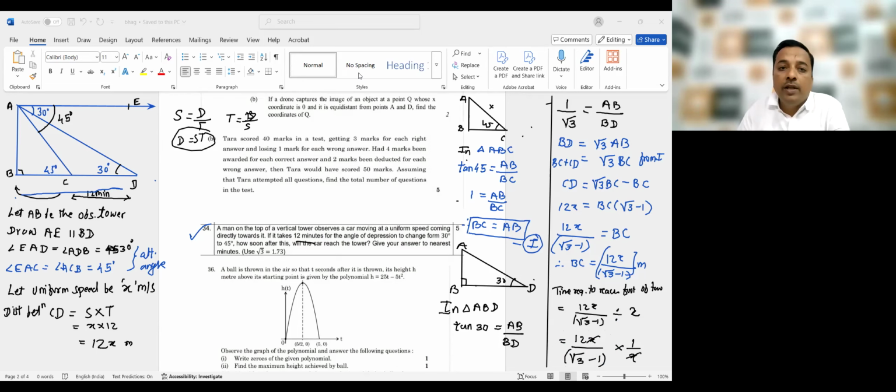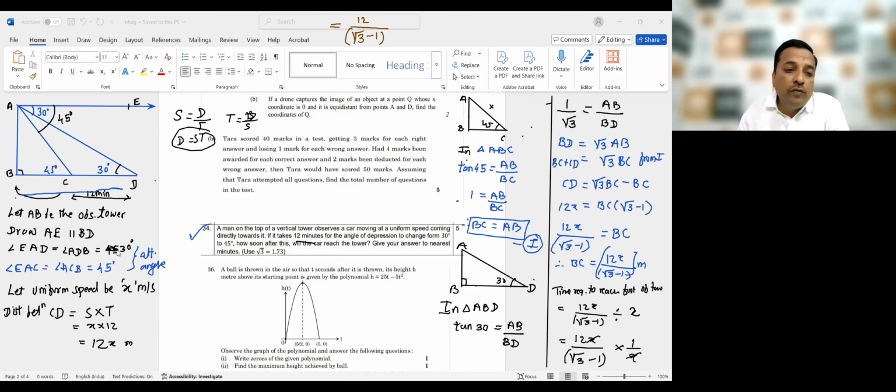Okay, I have very little space here. Let me figure something out. My mistake, I should have taken a separate page. Okay. So I will take time here upside, 12 upon root 3. Is it visible?